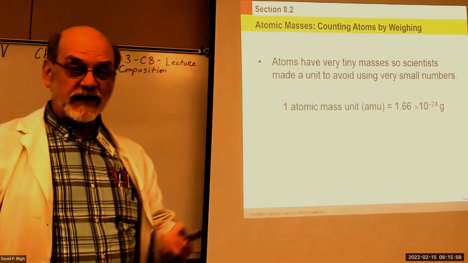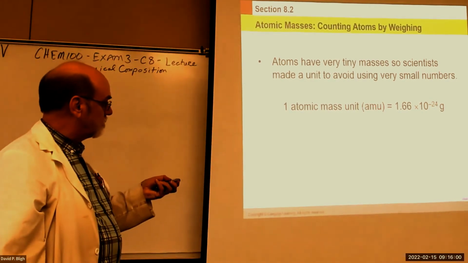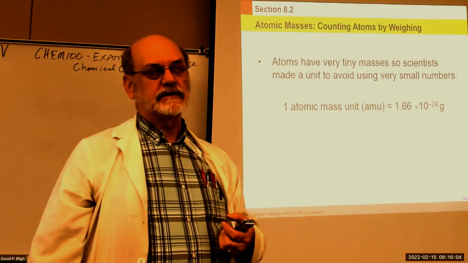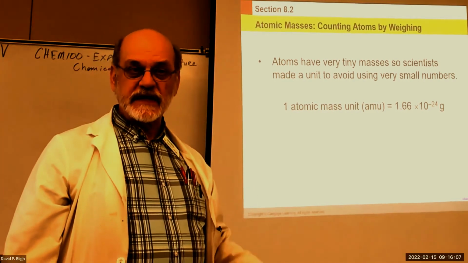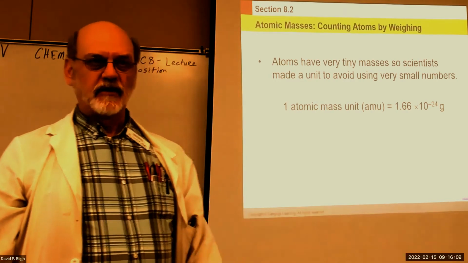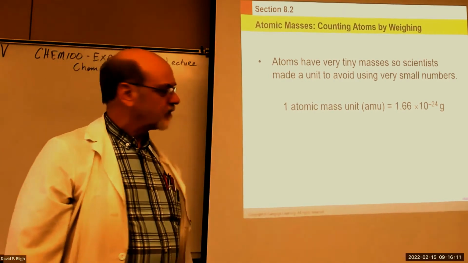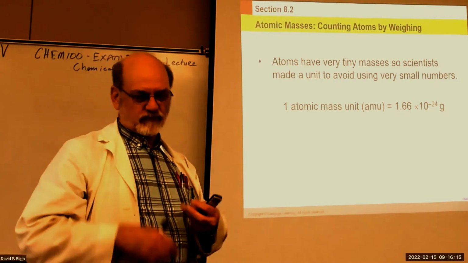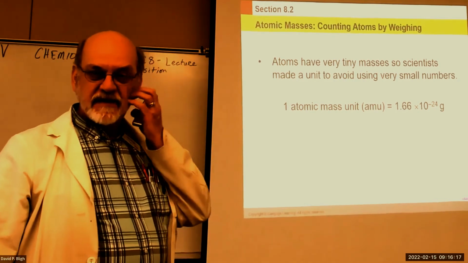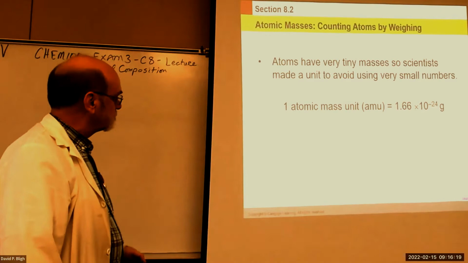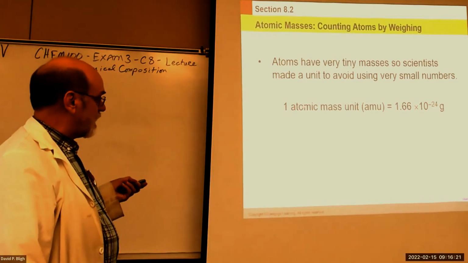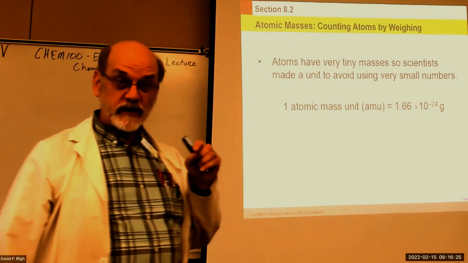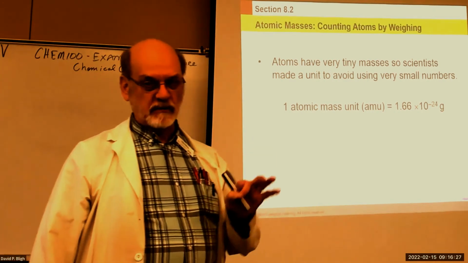It's called the atomic mass unit right here. AMU, some texts will even just say A or AU. I like AMU because it follows more smoothly from the name, atomic mass unit. The atomic mass unit itself is worth 1.66 times 10 to the minus 24 grams. It's very small.